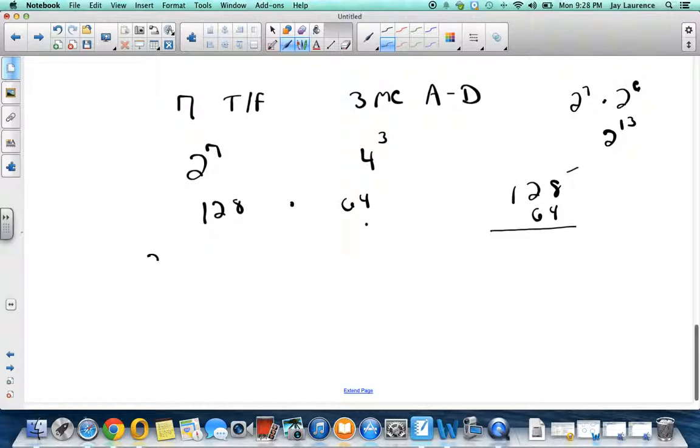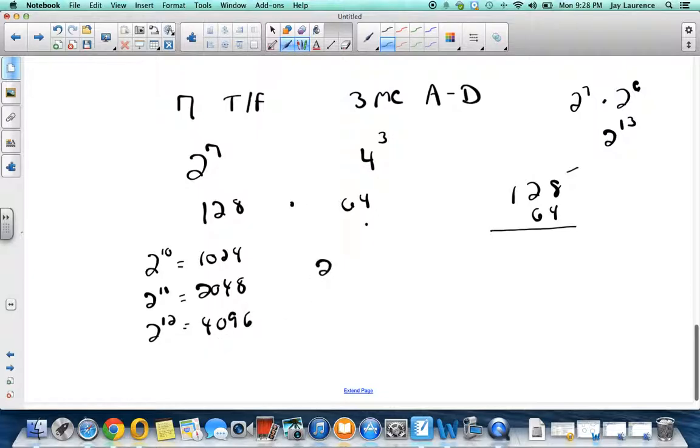Well, I know 2 to the 10th is 1024. 2 to the 11th would be 2048. 2 to the 12th, 4096.